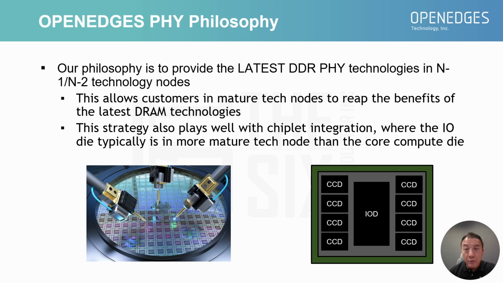If we look at how others build chiplets, their I/O die are often manufactured using a more mature tech node, while only their core compute die use the latest fabrication technology. Our product offering provides the latest DDR technology in mature tech nodes. So folks looking into building chiplets can benefit from the reduced cost and higher yield of mature nodes, while continuing to benefit from the latest DDR technology using OpenEdge's PHY.